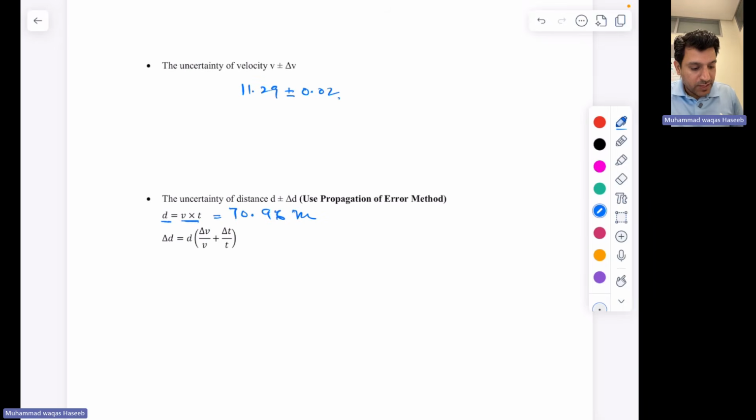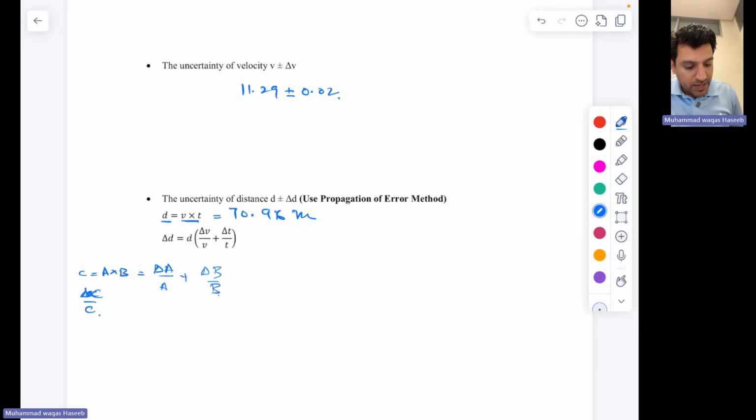Now to find the uncertainty: you always find the uncertainty this way when you are multiplying. For example, if two numbers are multiplying, a multiplied by b, you add the relative uncertainty of a, delta a over a, plus delta b over b. So delta c over c.